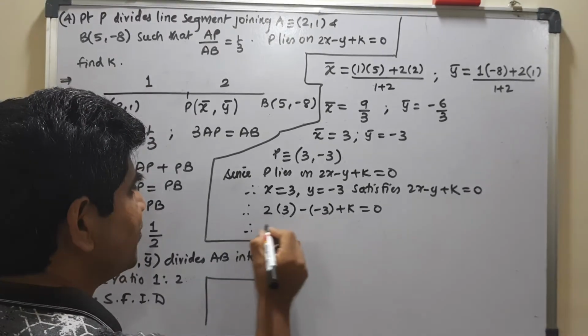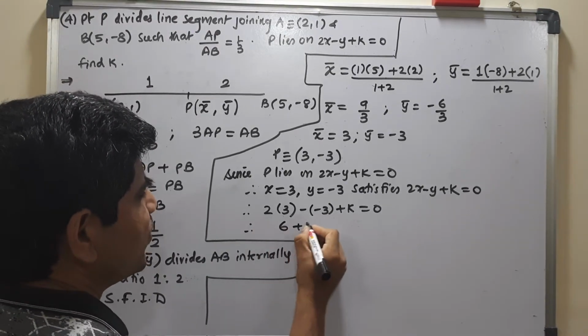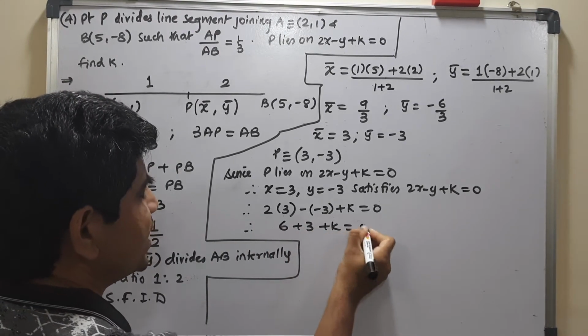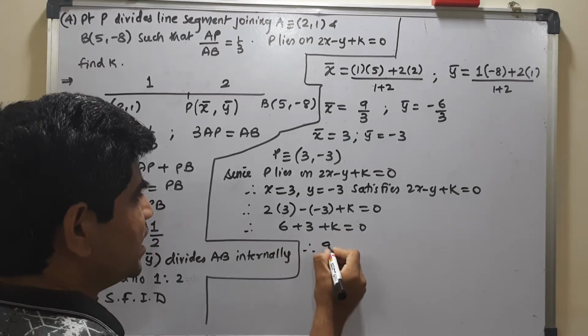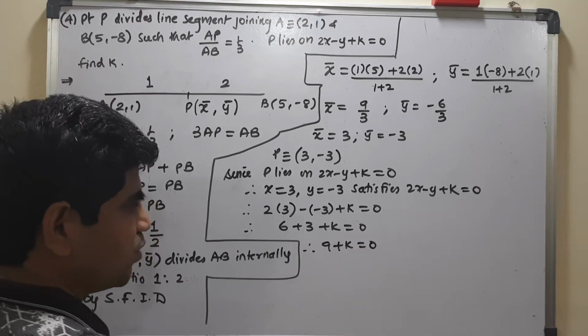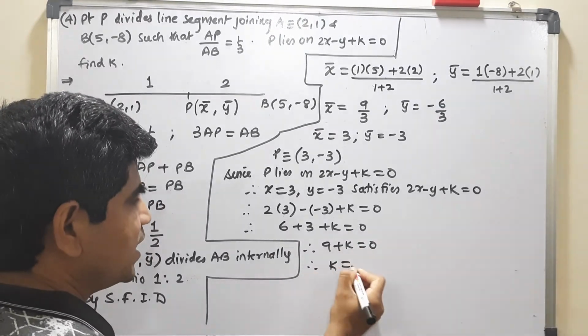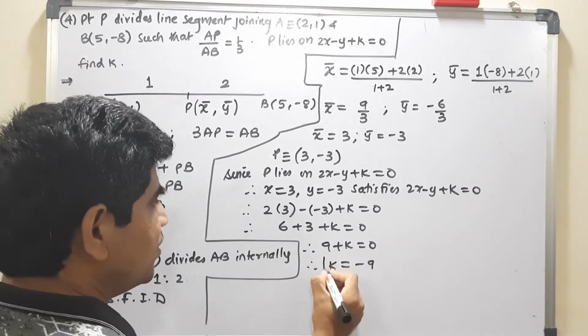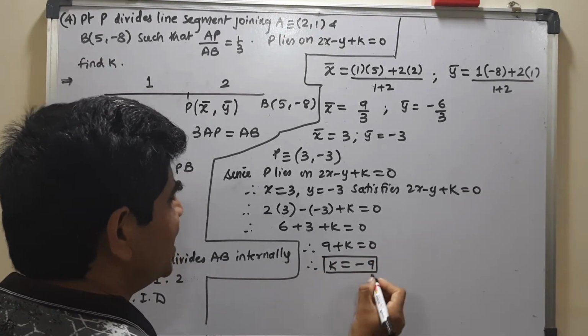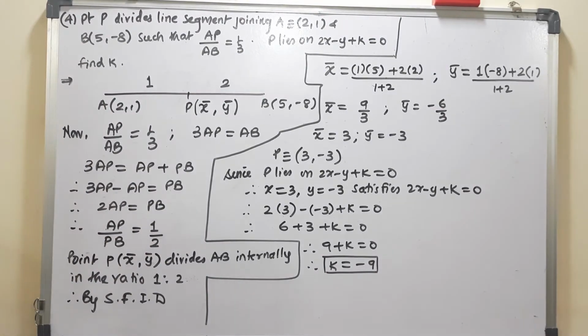Now 2 3s will become 6. Minus of minus is plus k is equal to 0. So therefore 6 plus 3 is 9 plus k is equal to 0, indicating k is equal to minus 9. The value of k will be equal to minus 9.